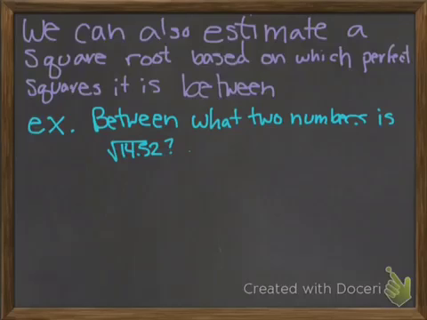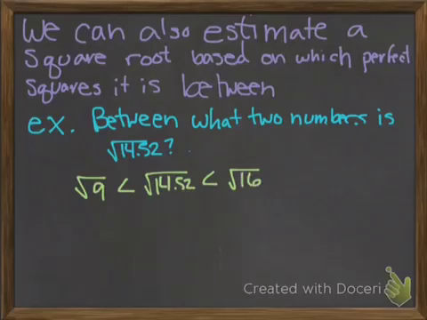So then the perfect square that is less than 14.52 is 9, and the one that is greater than 14.52 is 16. So then I rewrote it as the square root of 9 is less than the square root of 14.52, which is less than the square root of 16.